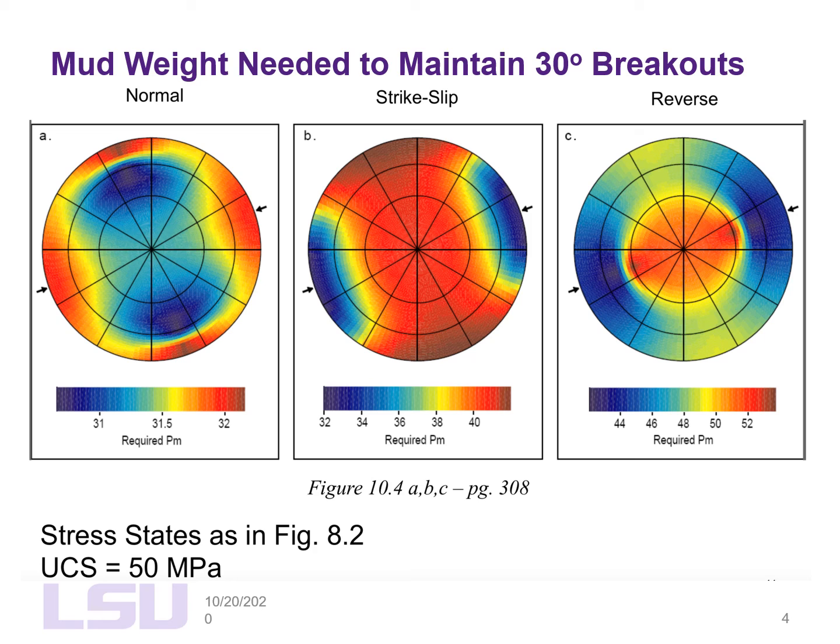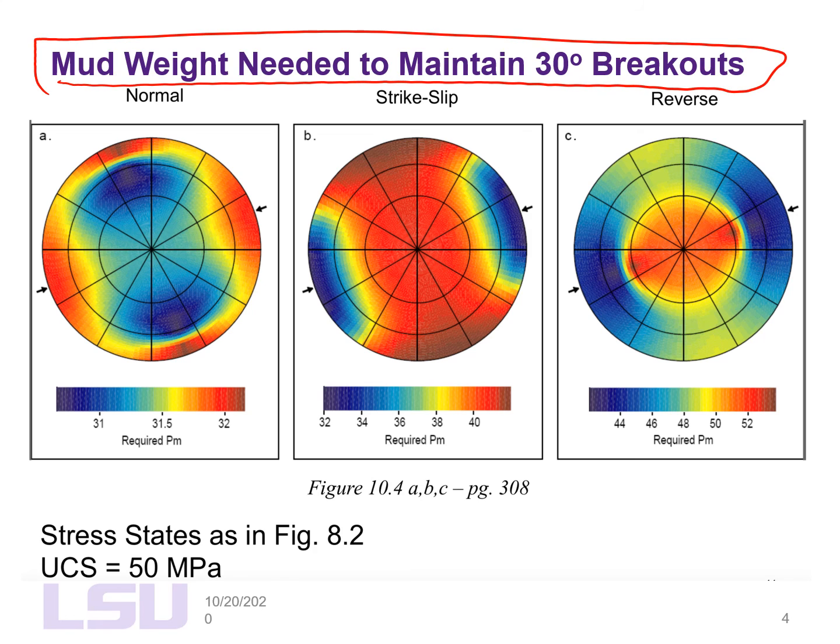And for that reason, we've regenerated the same figure we had before, but now the wellbore breakout width has been set to be equal to 30 degrees instead of 45 like before.